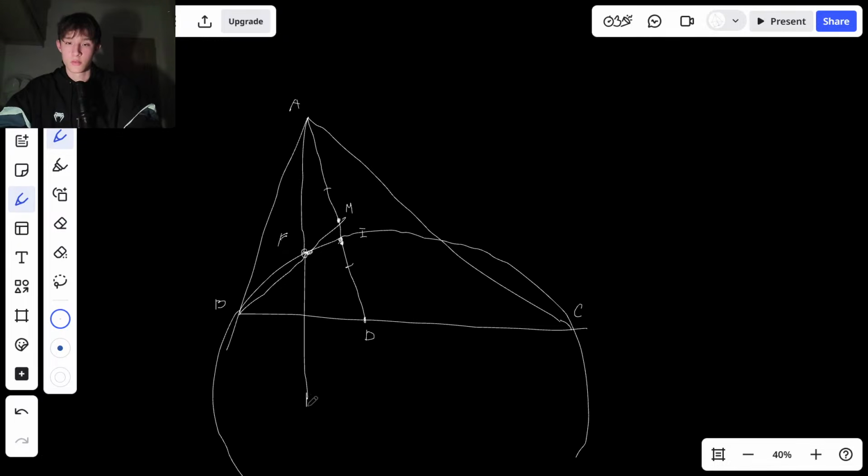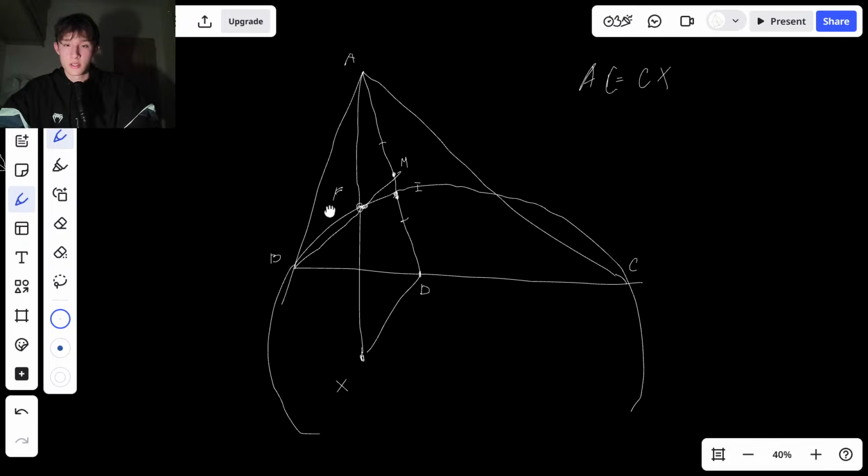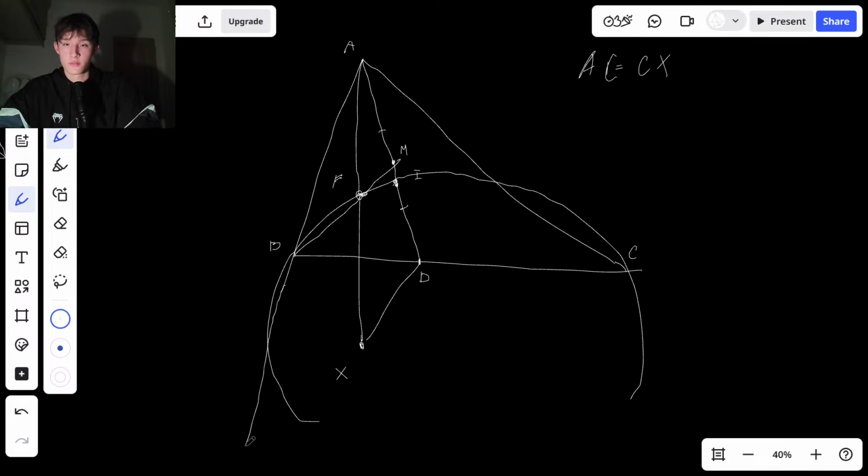If we double AF, we just want to show that AC equals CX, where this is point X. Then this is just parallel to this line. Wait, then how? This gets even weirder because I have to reflect A about B and then intersect like this. Okay, no.